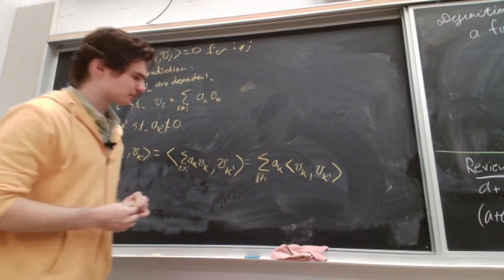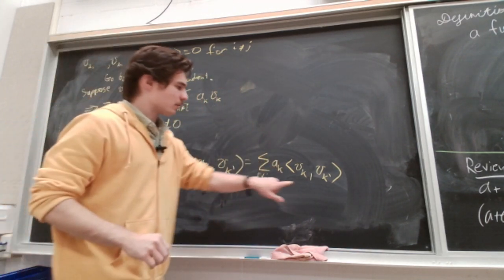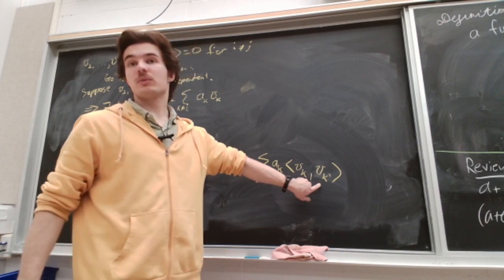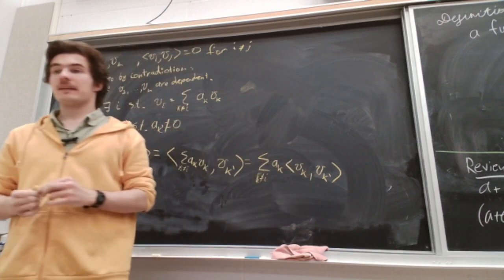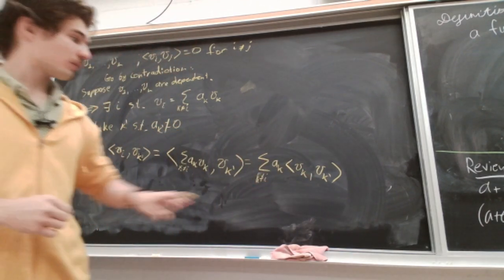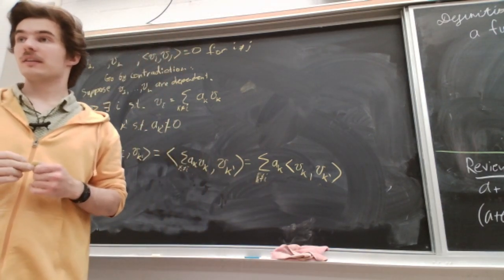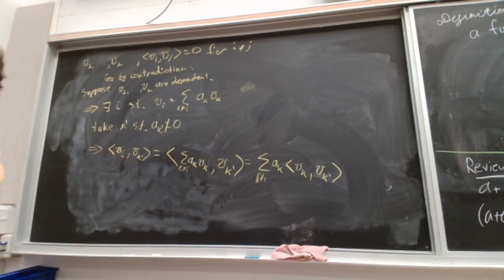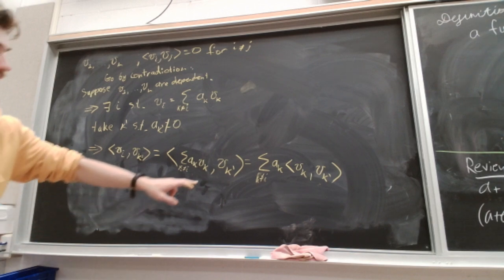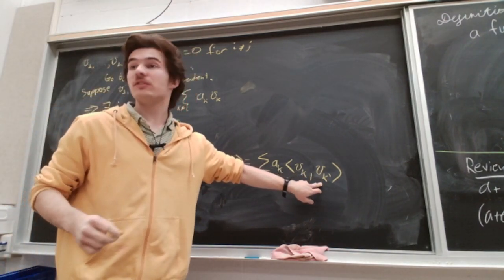Do you agree? Okay, but v_k and v_k prime, what is this equal to? By assumption, we're looking at a set of vectors which are all mutually orthogonal. So if k is not equal to k prime, it has to be 0.